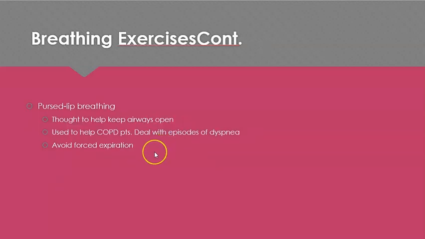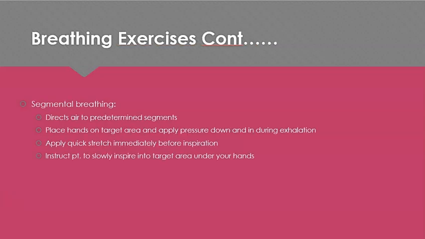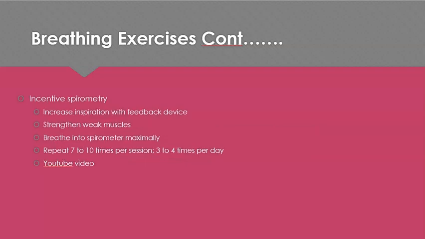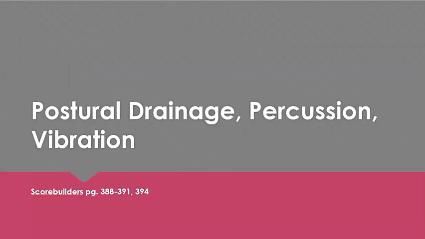Thought to keep the airways open, used to help COPD patients deal with episodes of shortness of breath or dyspnea. Avoid forced expiration. So make sure you look over the segmental breathing and what that looks like and how it's described. We've already looked at a spirometer too, so that would be 7 to 10 times per session, 3 to 4 times per day. You can look up different YouTube videos of what that looks like.